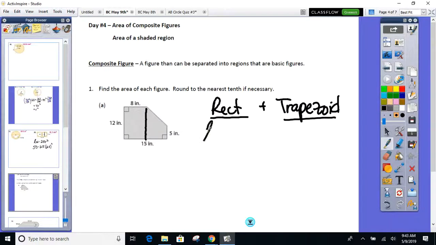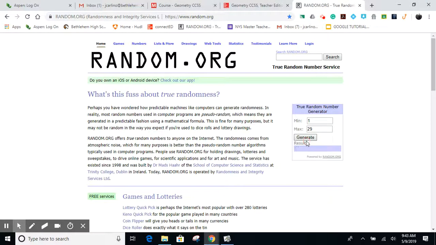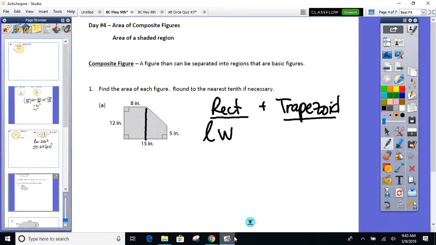Rectangle formula, length times width. Could somebody please provide the length and the width of that rectangle that Henrik has created? 12 and 8. So the area of the rectangle should be 96.